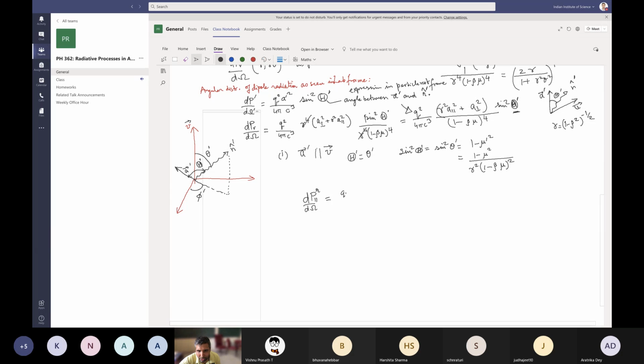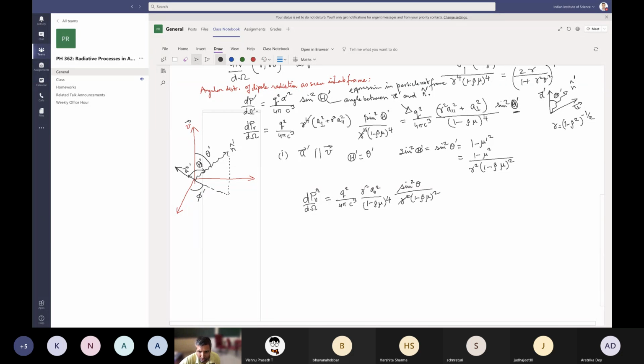We have q squared by 4 pi c cube. A perp is 0, so this is gamma squared a parallel squared times 1 minus beta mu to the 4, and sine squared theta prime is 1 minus mu squared, which is nothing but sine squared theta, right? 1 minus mu squared is 1 minus cos squared theta, which is sine squared theta, divided by gamma squared 1 minus beta mu whole squared.